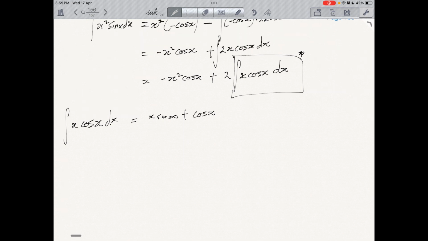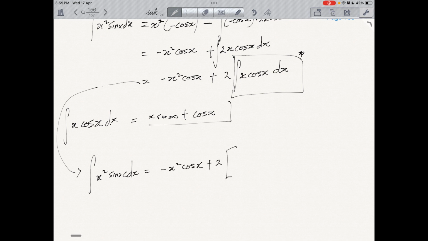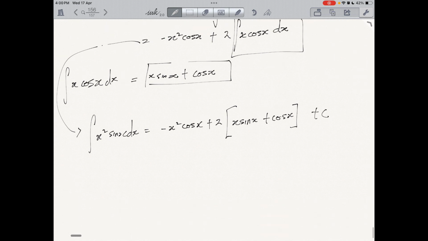Therefore, we make our substitution, that the integral of x squared sin x dx will be minus x squared cos x plus 2 into this x sin x plus cos x plus c. Now this will be minus x squared cos x plus 2x sin x plus 2 cos x plus c. And this will be our answer.